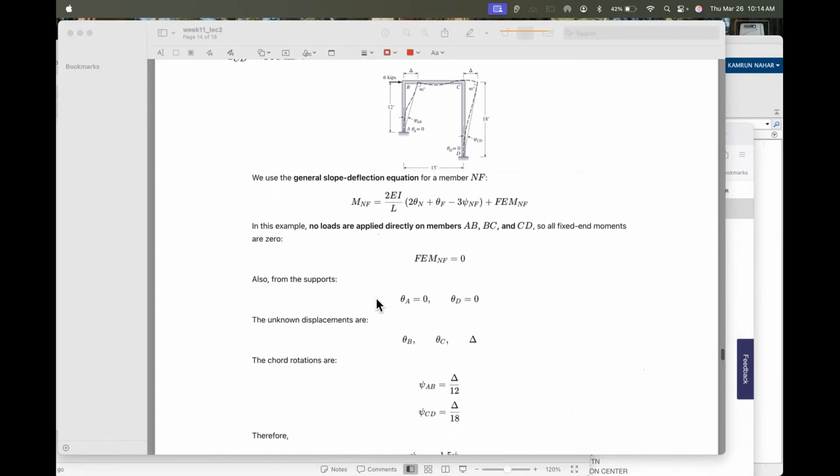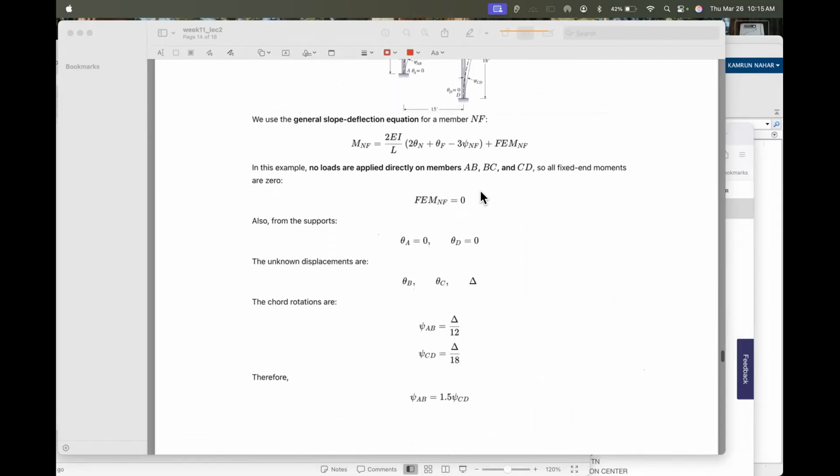So first things first, we have the general slope deflection equation. Just write that one. Now, as there is no load applied, all fixed end moments are 0. Remember, I was saying that FEM was 0. Again, if there is no load applied, we don't need to use the fixed end moment diagram, so this term is going to be 0.